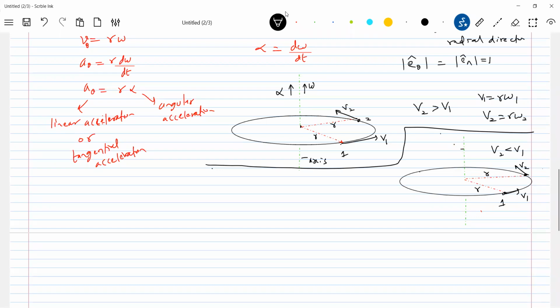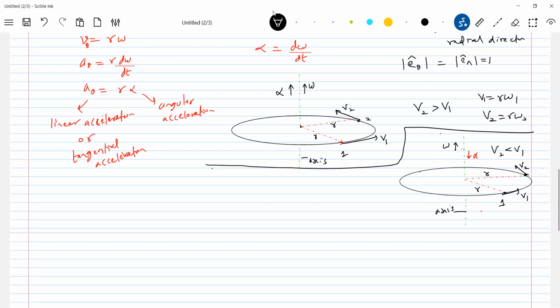What's happening here? Omega is upward only. Can anybody say about alpha? Alpha should be directed downward. It's a retardation, no? Both will be directed along the axis only.